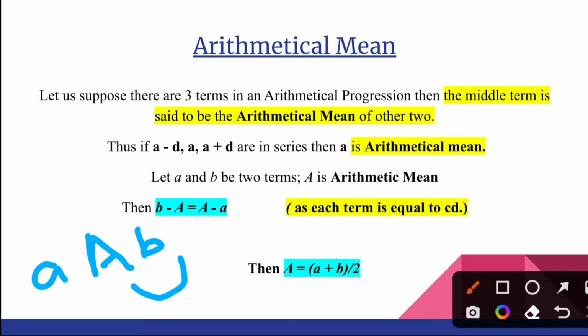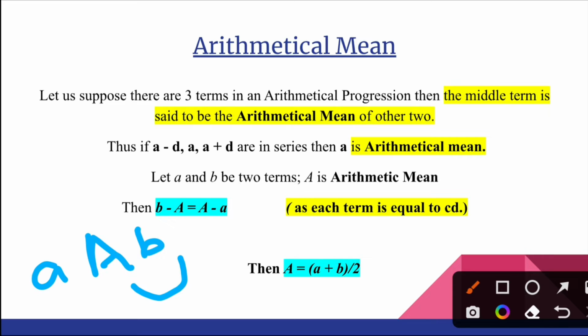So b minus capital A equals capital A minus small a, right? Then the A on the LHS will come to the RHS and become 2 times big A, and the minus a will come to the LHS and it will become a plus b, or b plus a, because addition is commutative and associative.